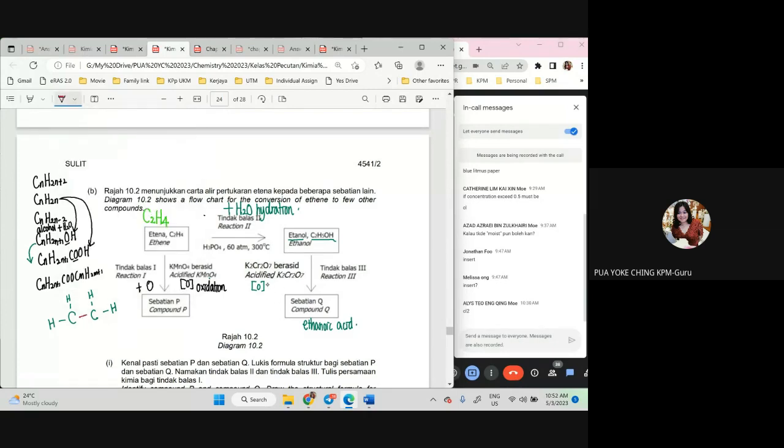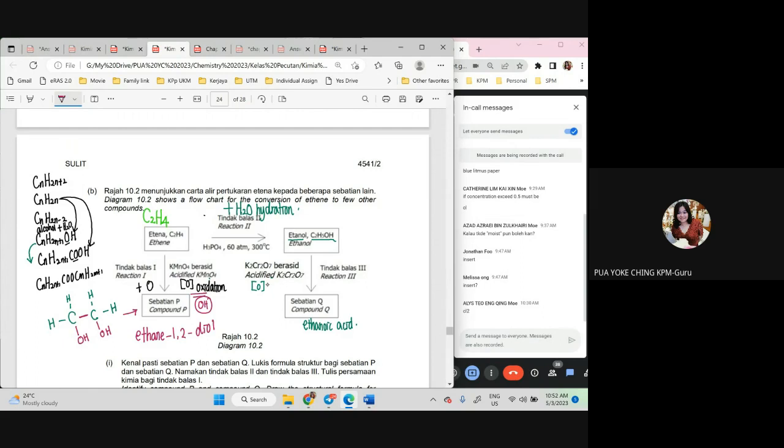Become single bond. So you will add in 2 new bond. So for this oxidation, you will add OH. So 1 OH here, 1 OH here. So this is your P. So nama dia ialah ethane 1,2-diol.